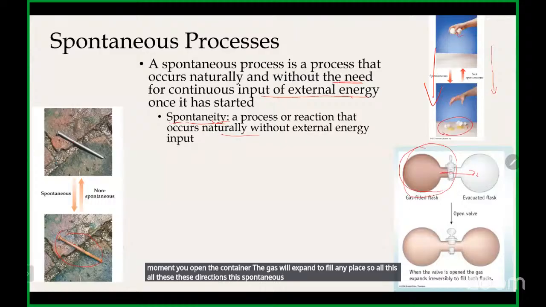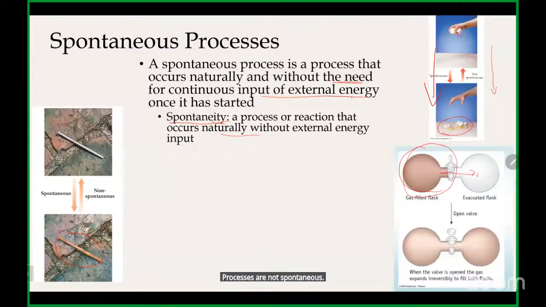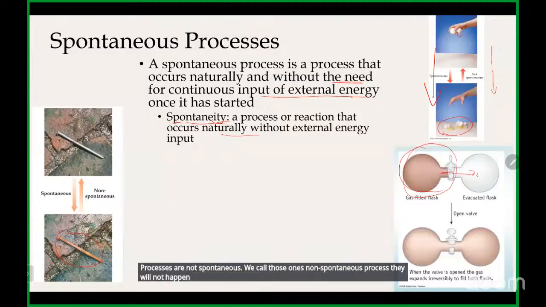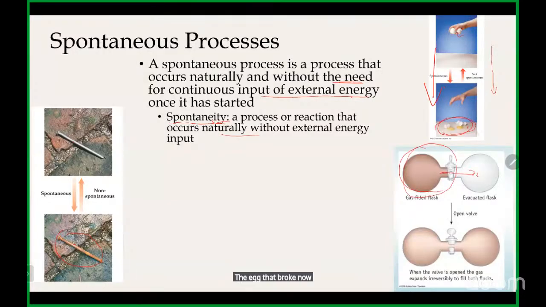The reverse processes are not spontaneous. We call those non-spontaneous processes. They will not happen unless forced, and some of them are even impossible. The egg that broke now, I don't think it's possible for you to take it back. If it did not break, it's possible to take it back.